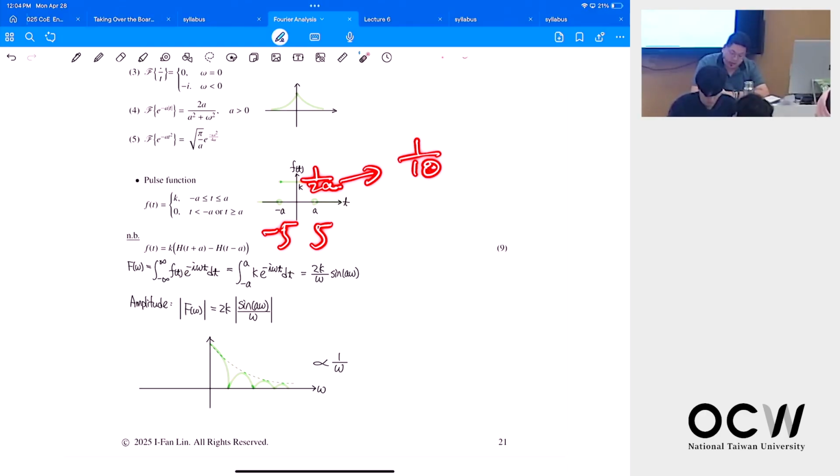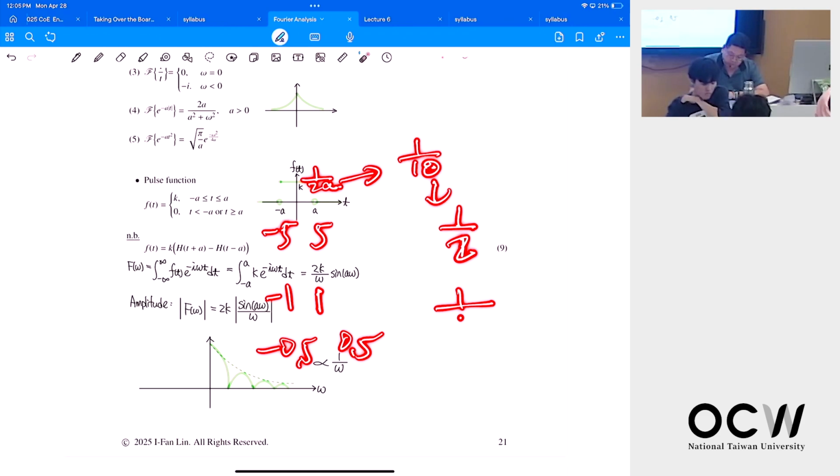If a is minus 1 to 1, this goes to 1 over 2. For minus 0.5 to 0.5, I have 1 over 2a equal to 1. You see, this will be bigger, bigger, bigger.